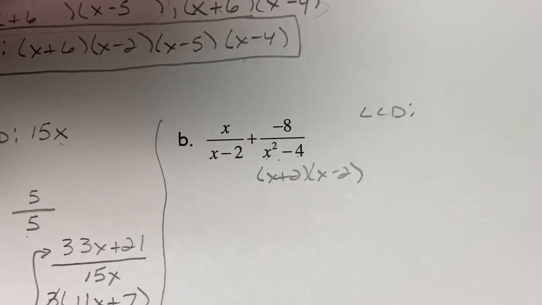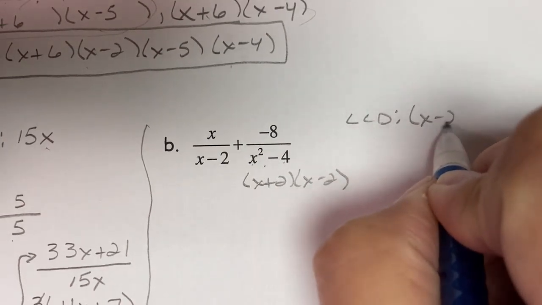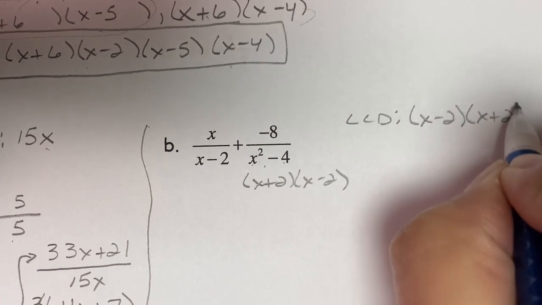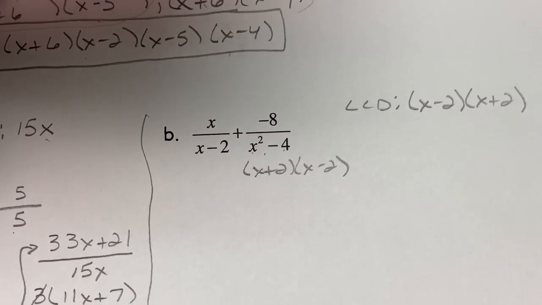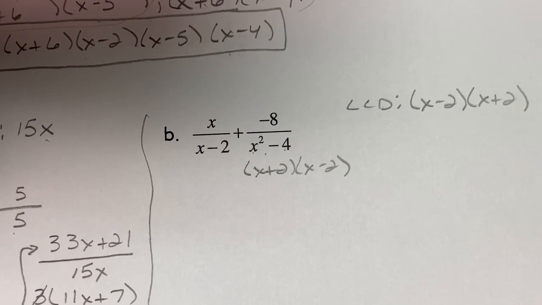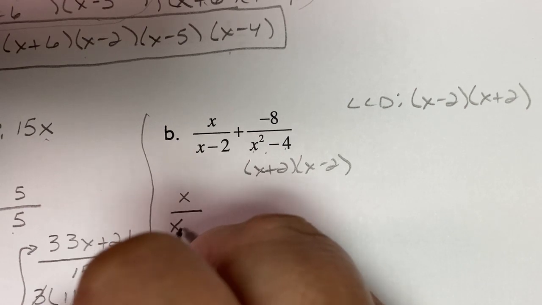So now, what's my lowest common denominator? Well, I'm going to need an x minus 2. And I'm going to need an x plus 2 so that everything is there. So here we go. Here's that long step. Rewrite the first fraction.